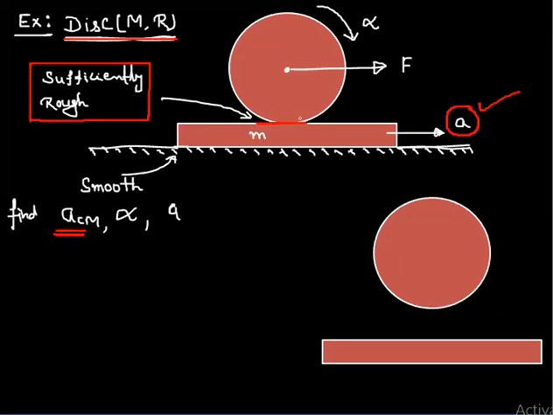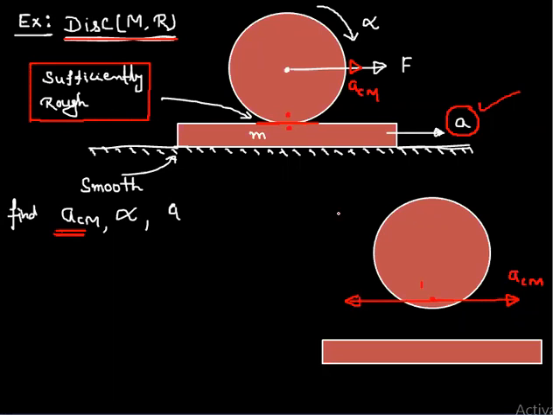So what we have seen for the condition of pure rolling motion, like bodies in contact: the acceleration at the point of contact on both bodies, the tangential component, should be equal to each other. If we see the first point on this disk, it has an acceleration because of this force, which provides some acceleration to the center of mass, and because of having alpha, because of torque, there is also one more acceleration.